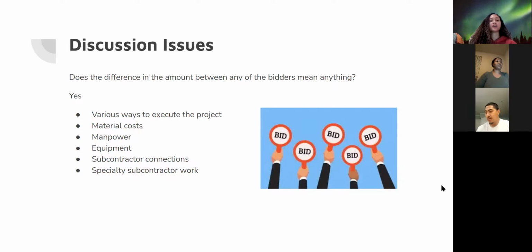Pretty much every general contractor will have different material costs, a different set of manpower, ways of getting equipment, subcontractor connections, and specialty subcontractor work. So depending on which general contractor you use, you want to make sure they have the essential workforce in order to get your project done.